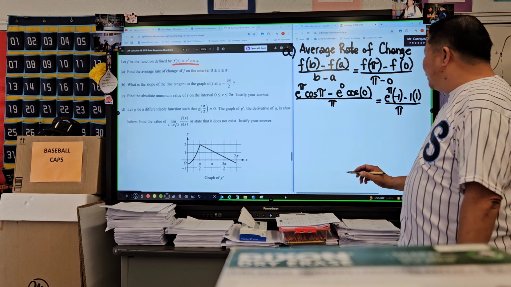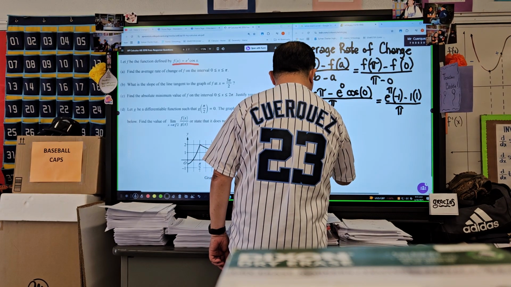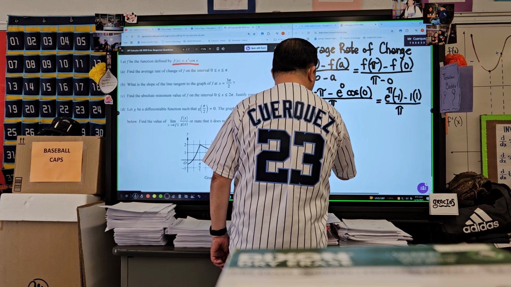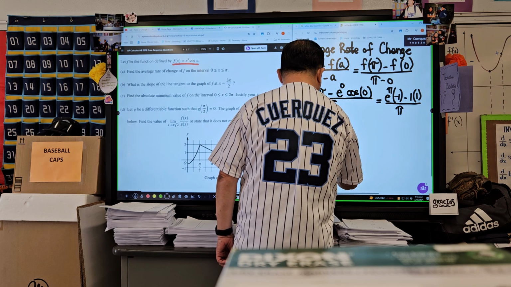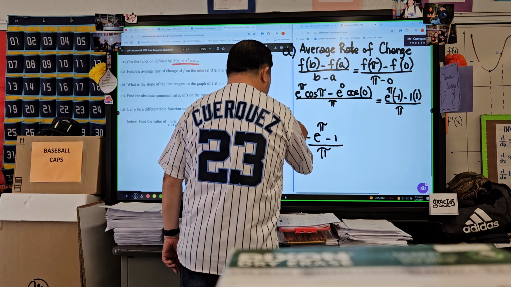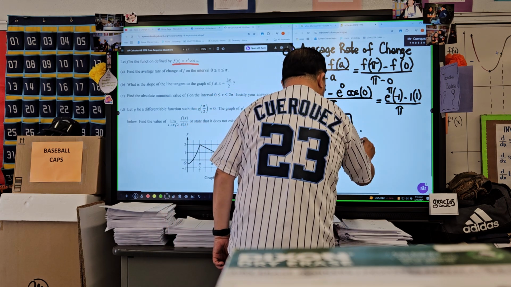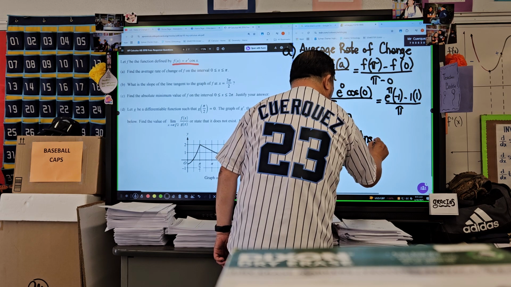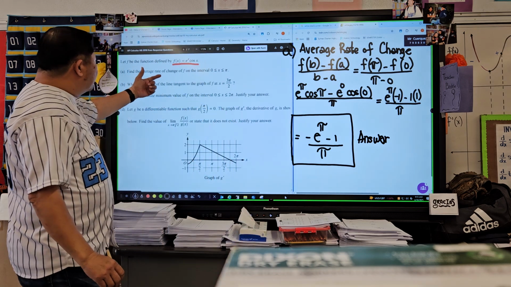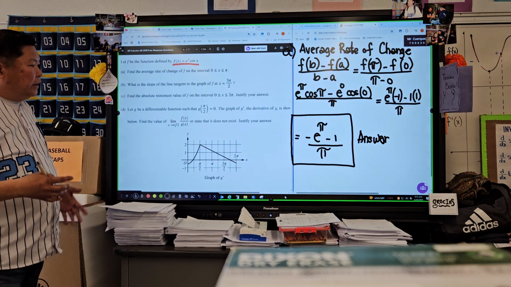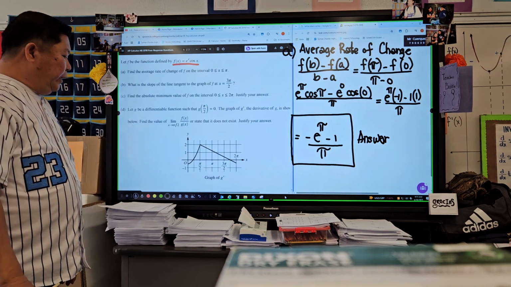Simplifying further, this is now equal to negative e to the power of pi minus 1 over pi. And this is the answer. So this is now the average rate of change of f on the interval from 0 to pi.